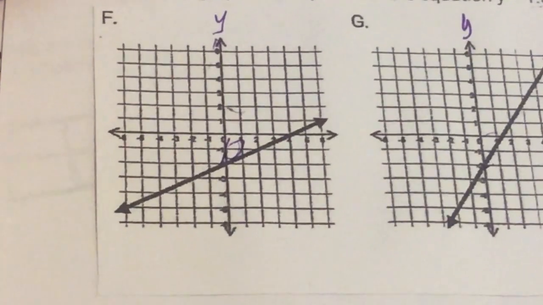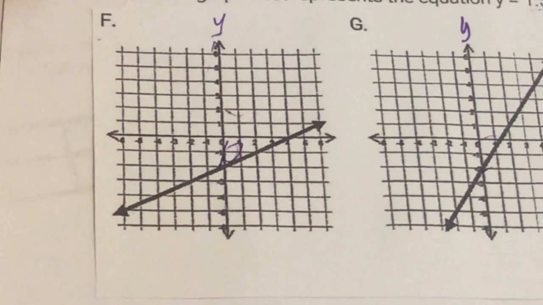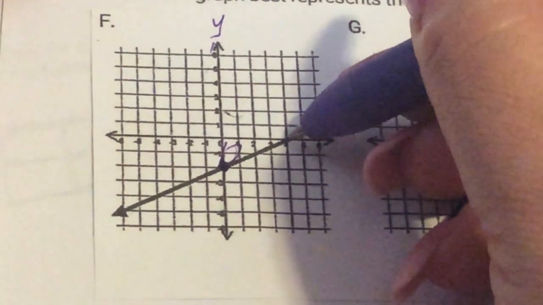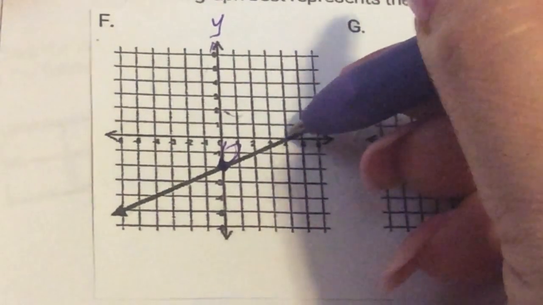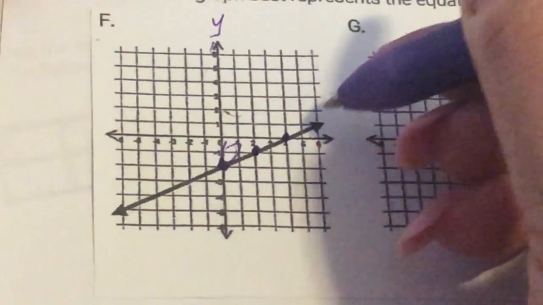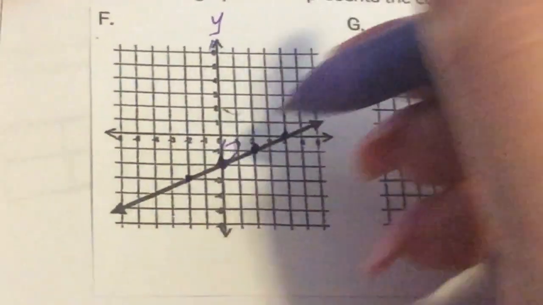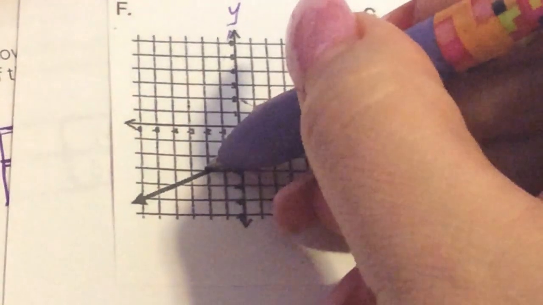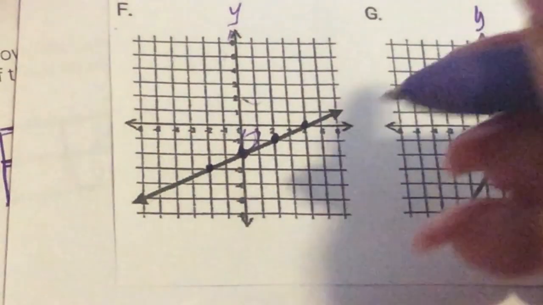So I need to find ordered pairs in order to find out the slope. I'm absolutely sure this is an ordered pair, this is another ordered pair, another one here, and even another one here. So I say, okay, I need to do y over x.